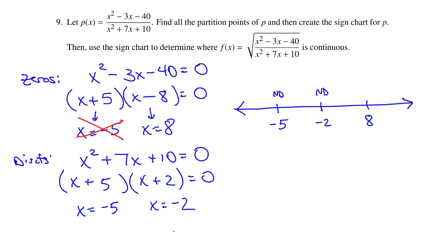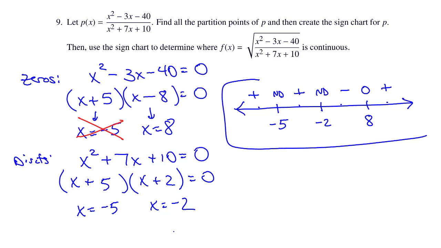ND stands for not defined. And then 8 was a 0, so we'll put that as 0 there. Then you need to test values in each of these four intervals by running those values through P of x. And when you do, you'll get a plus, plus, minus, and a plus. And so that is the sign chart for P of x.